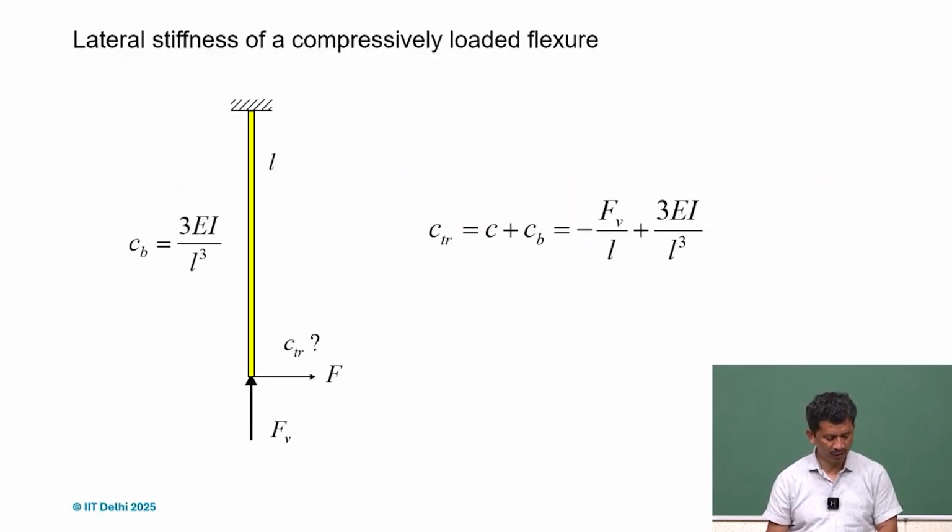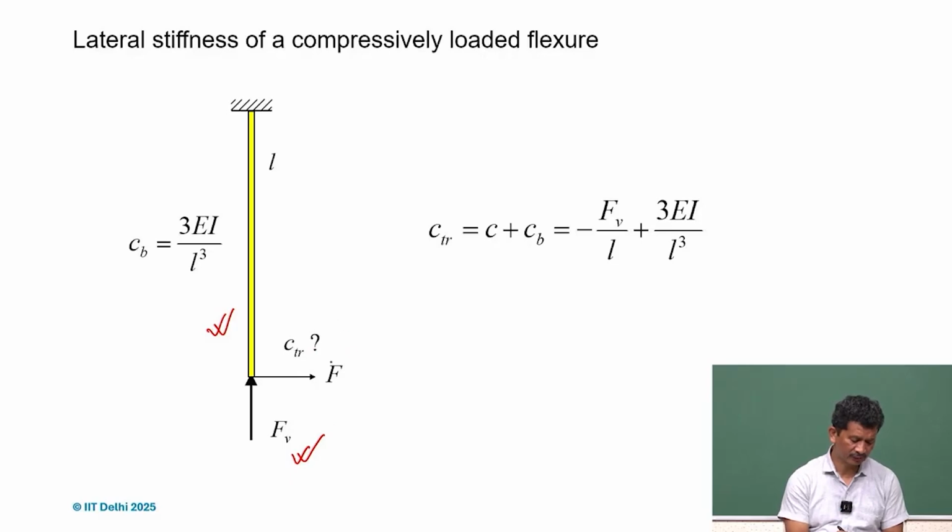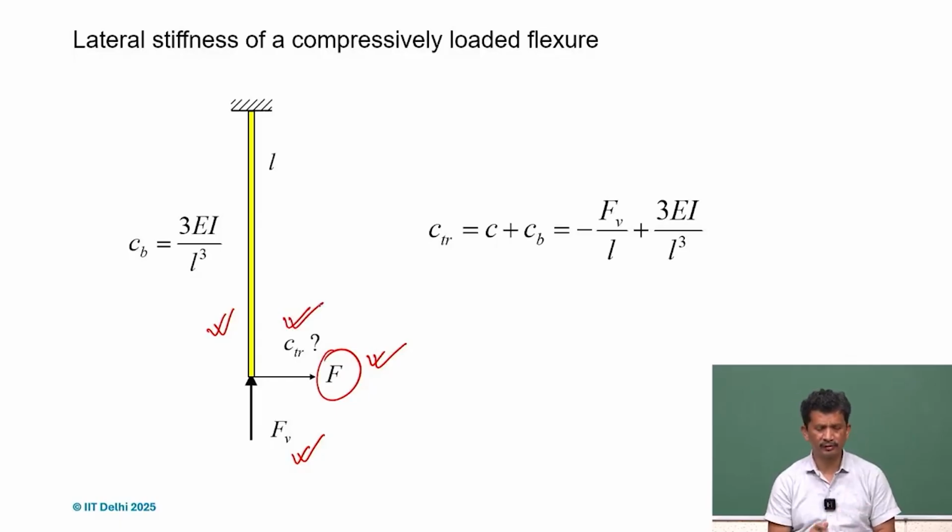As we move on, just consider a cantilever. Now it's not hinged, but it's a cantilever beam, and we apply a force Fb in the negative direction in this case. What are the forces and what are the stiffness values? For instance, we are interested in the total stiffness in this direction.